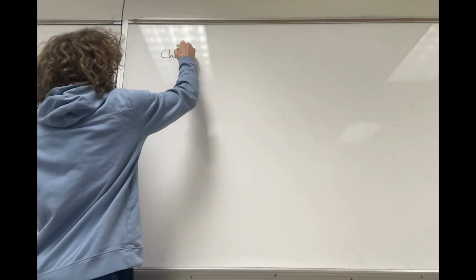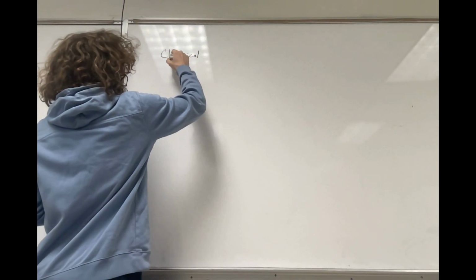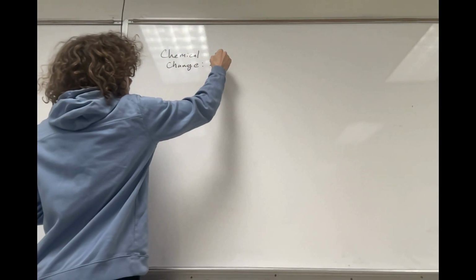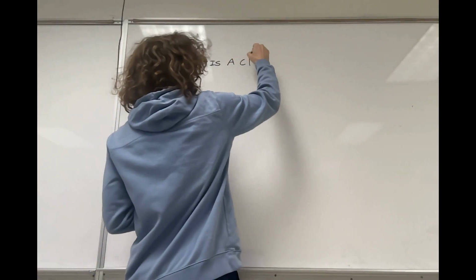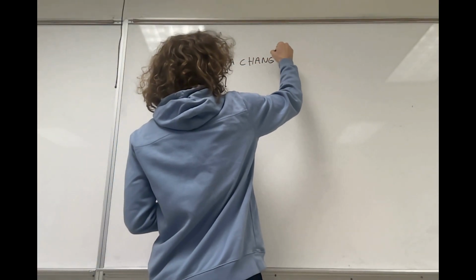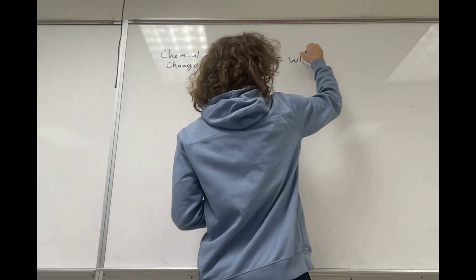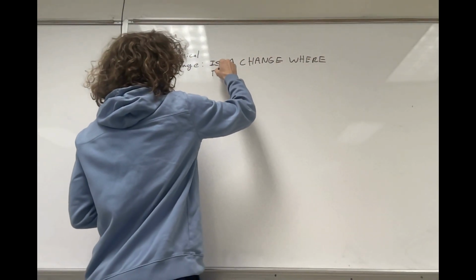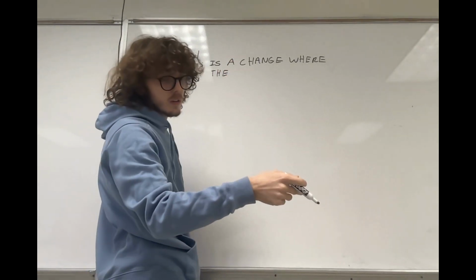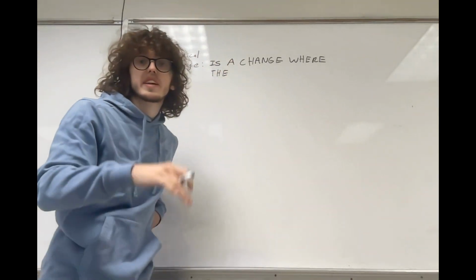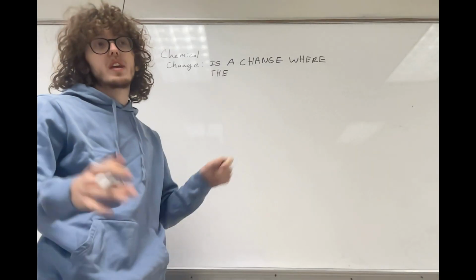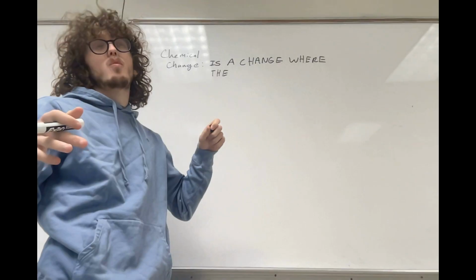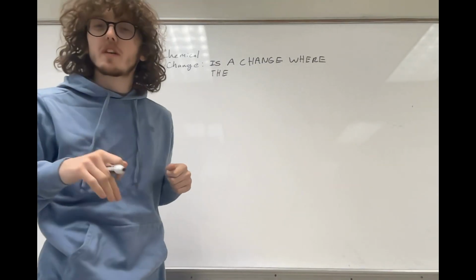A chemical change is a change where the chemical nature, meaning its bonds, its elemental composition, not the arrangement of the atoms, but the way in which they might bond with each other, those kind of things.